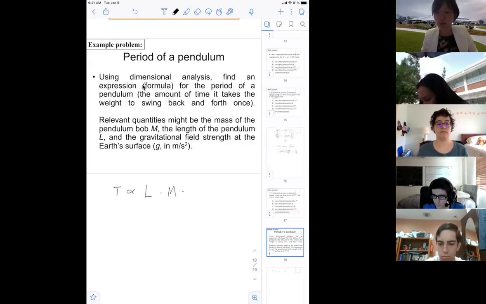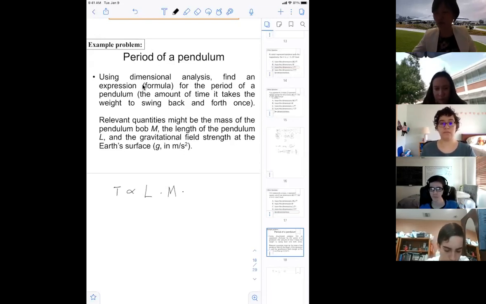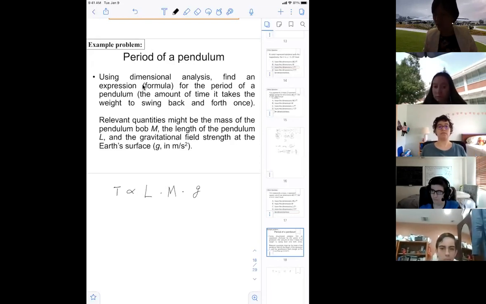And it's possible that when you put it in different places on Earth, or move it up to the moon, with different gravitational strength, that might also matter. We will explain exactly what the little g is later on in our kinematics course, but right now, let's just call it little g. That represents how strong the gravitational pull is at different places on Earth, or on Earth versus on the moon or elsewhere.